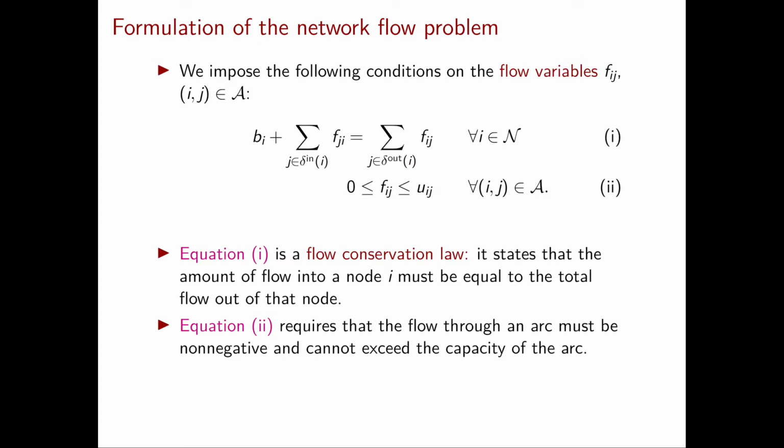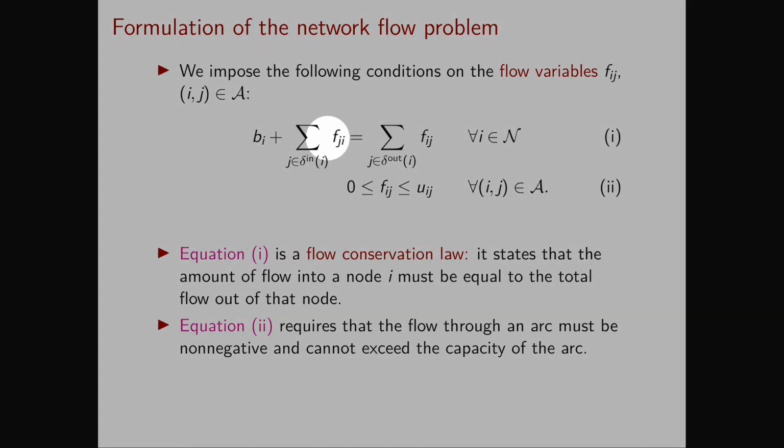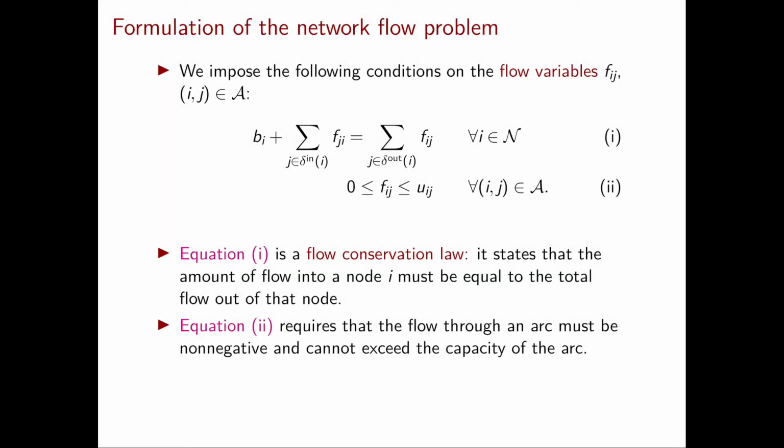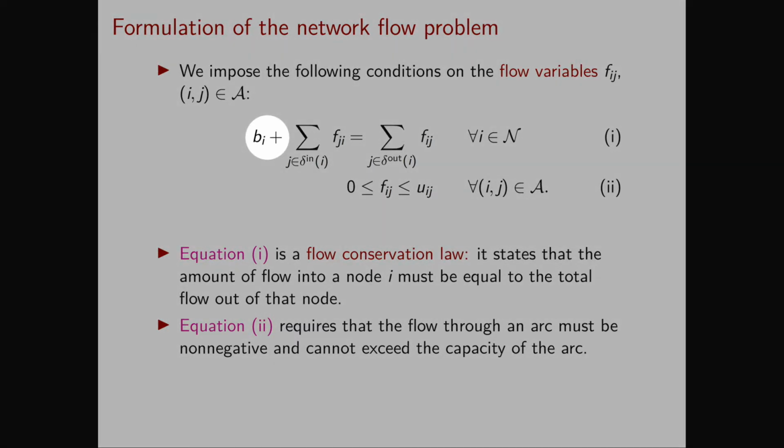Let's examine this equality constraint more closely. On the left, we have the sum of f_ji for every j in delta in of i. So this sum is exactly all the flow that enters node i from inside the network. Then we're adding to this sum the supply b_i.